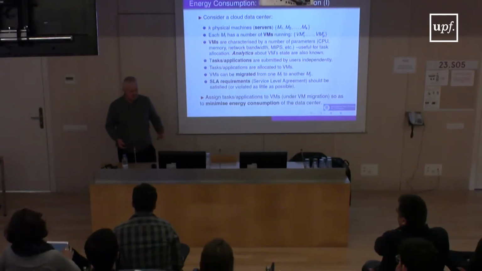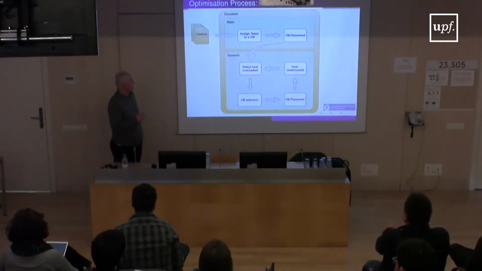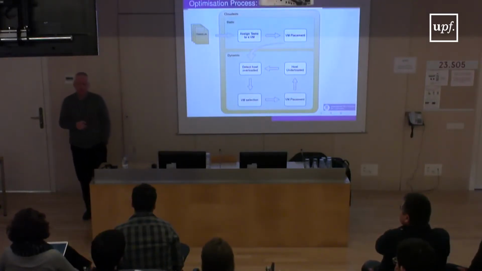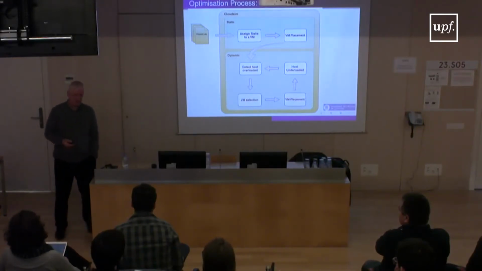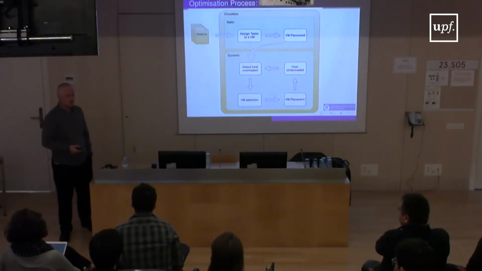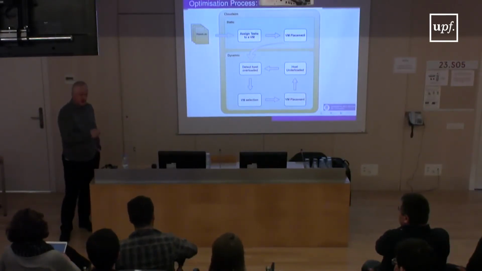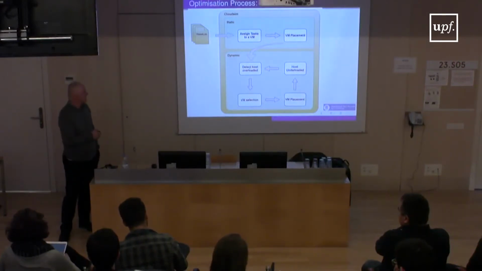So in that case, it's much better if you consider some traces from cloud computing platforms. For example, PlanetLab is a planetary large-scale distributed system, and there are public archives where you can get the traces of PlanetLab.